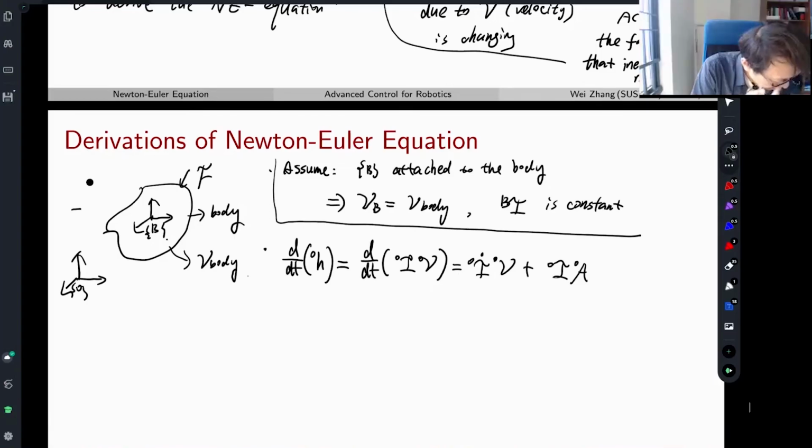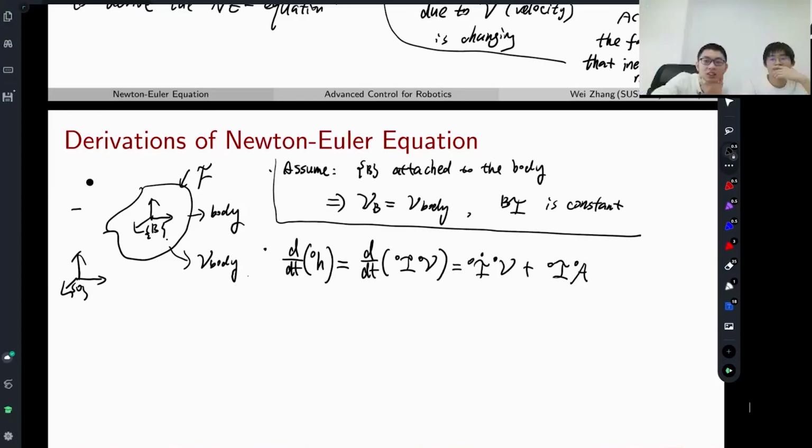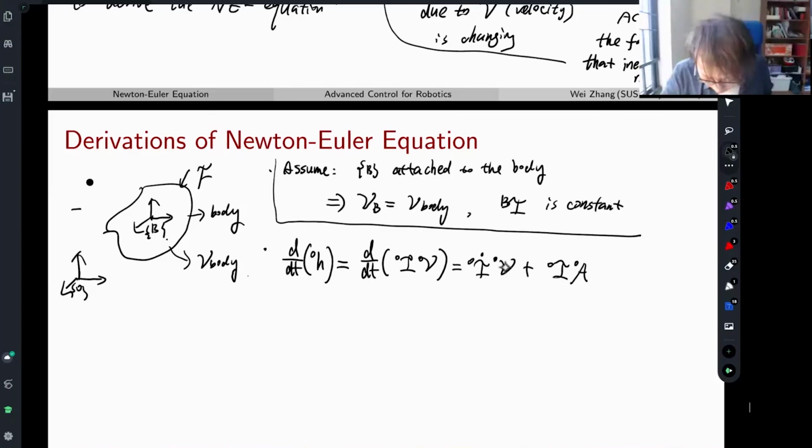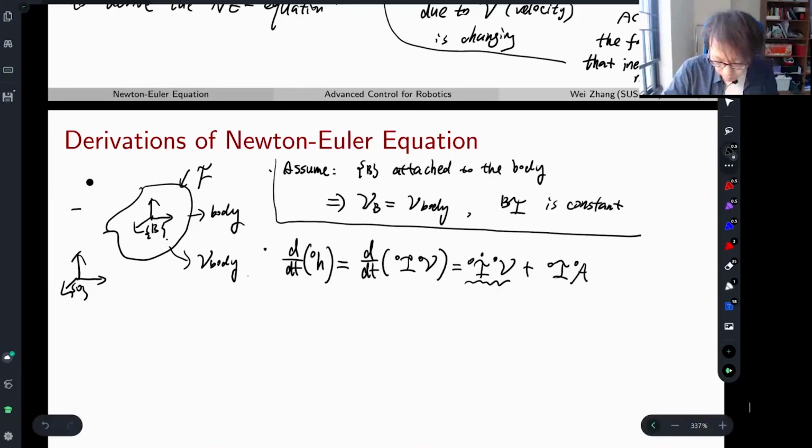Why is that the case? Yes, because we work in the inertial frame, the derivative of V will give me this thing. So all we need to find out is this term. What is it?